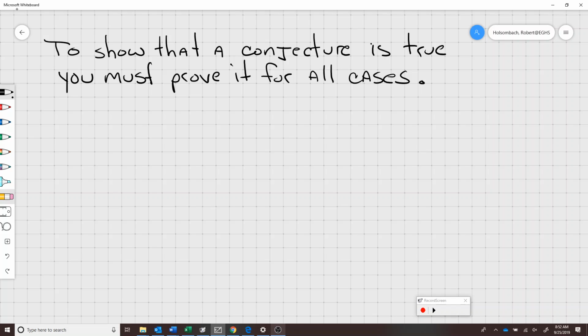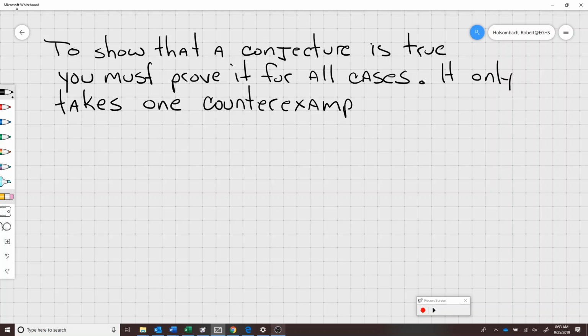To show that a conjecture is true, you must prove it for all cases. It only takes one counterexample to show a conjecture is false.